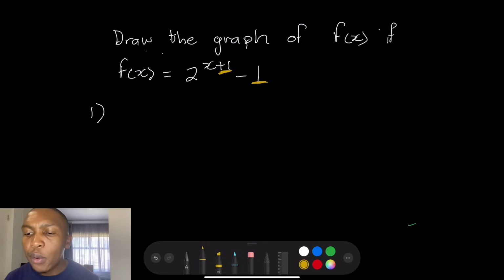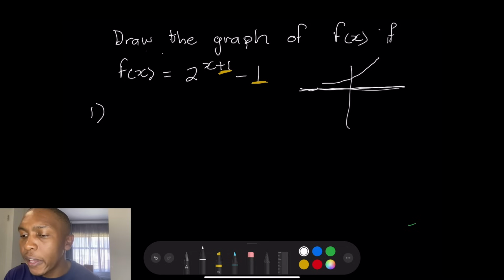Okay, so now remember, if it was just a normal graph, it would look something like that. We know that y equals 0 would be our horizontal asymptote, that line over there. Let me make it red. So that line would be a horizontal asymptote.